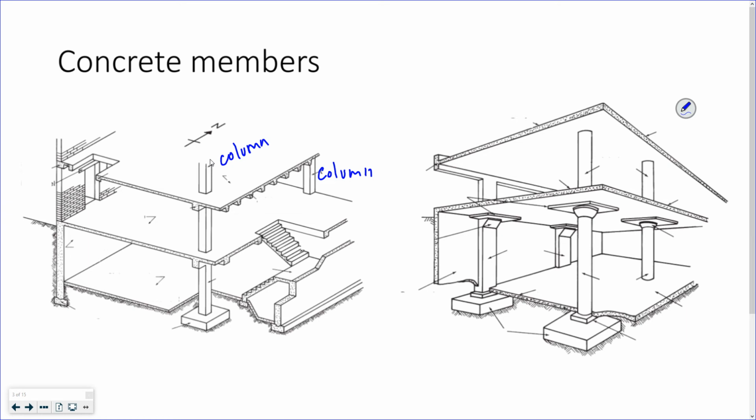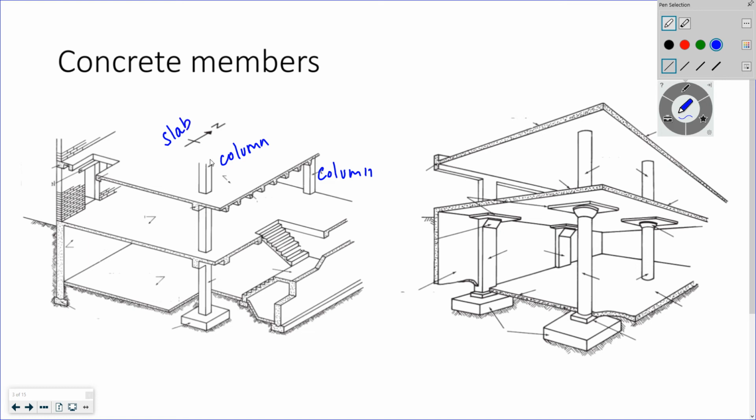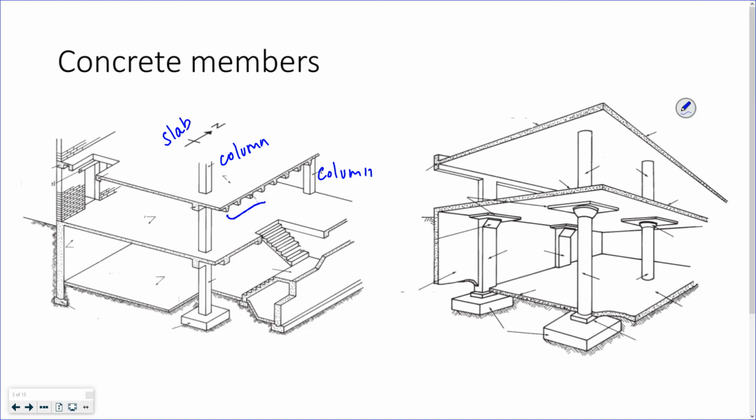This whole section right here, the horizontal floor, that's the slab. And these little guys are the joists.